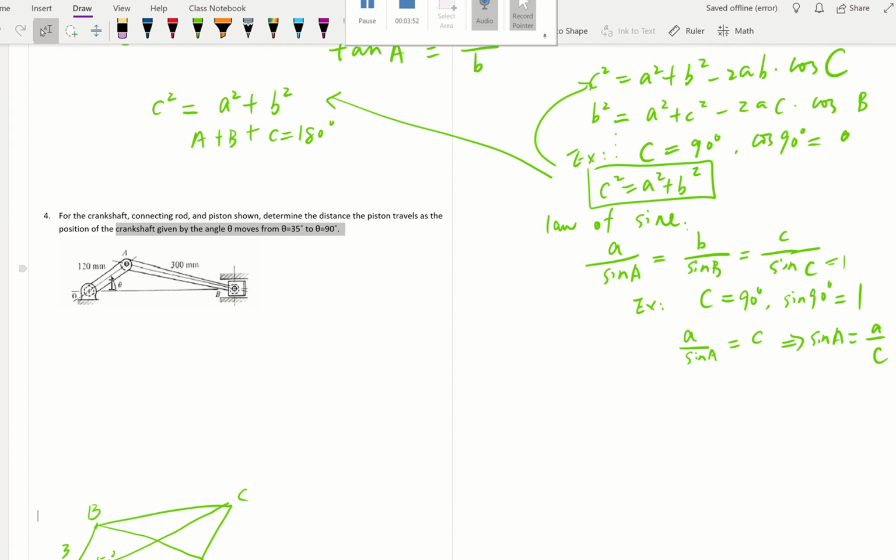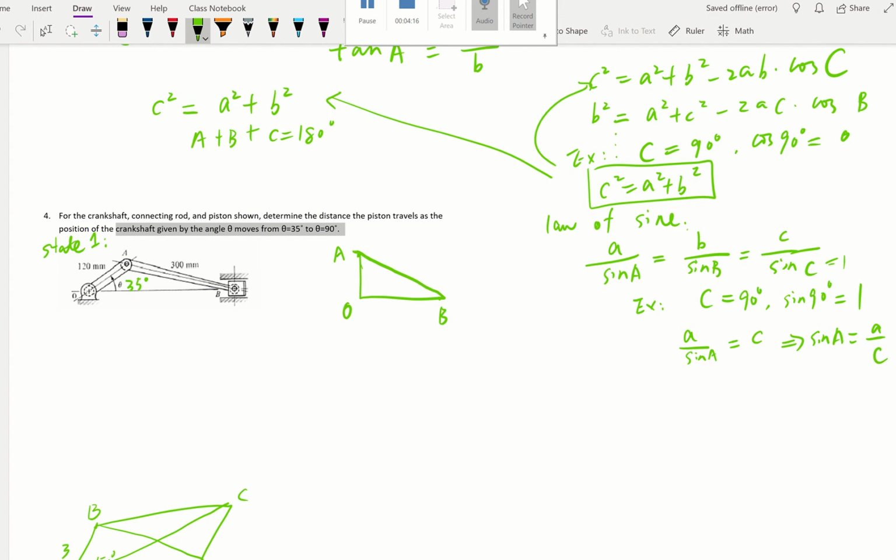The angle here used to be 35 and then finally becomes 90 degrees. So I'm going to call this the initial state, state 1, where theta here is 35 degrees, and then theta becomes 90 degrees. This is O, that's fixed, that's not going to move. A is going to be moved over here, and the piston is going to be at a new position.